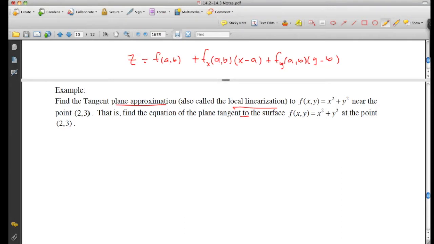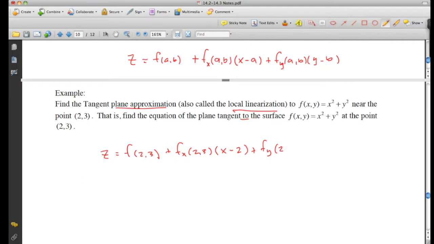All right, so what we need to do is z is going to be equal to f evaluated at 2, 3 plus the partial derivative evaluated at 2, 3 times x minus 2 plus the partial at 2, 3 times y minus 3.